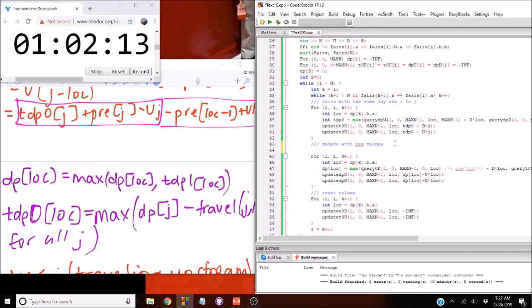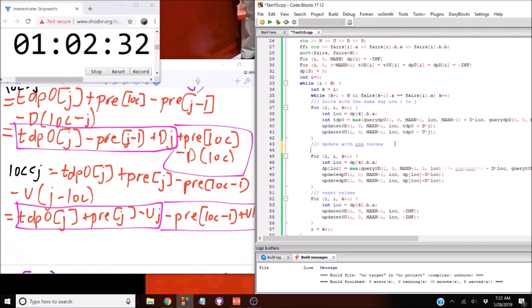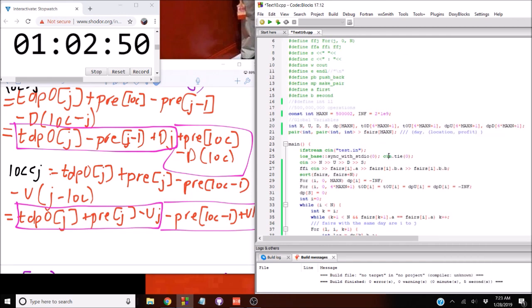Okay, now I just need to do this update with prefix values thing. Well, first I'm using them here, so I might as well keep this open. Okay, I'm just gonna make the prefix array global.